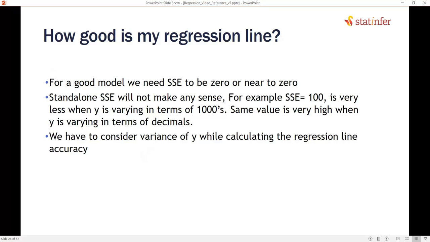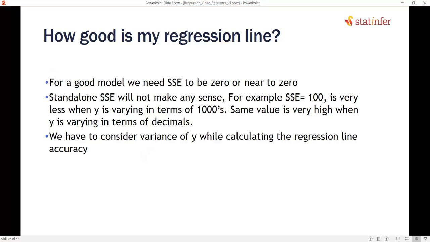At every point of x, we repeat the same. I'm talking about just one point. If we repeat the same on the overall data at every point of x, then we will get multiple y minus y predicted values, and some deviations will be positive, some will be negative, because in some cases we over predict, in some cases we under predict.